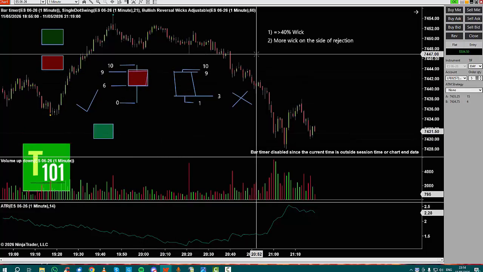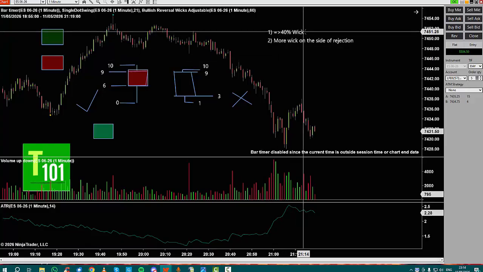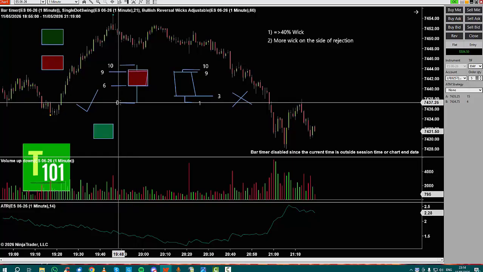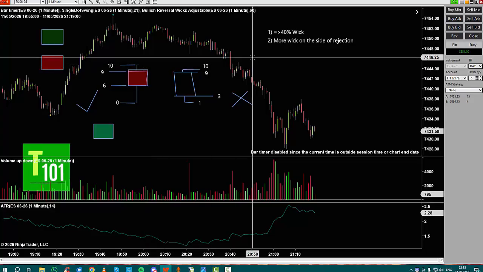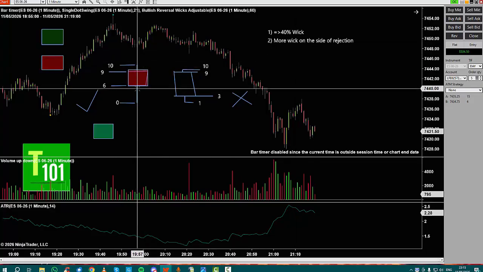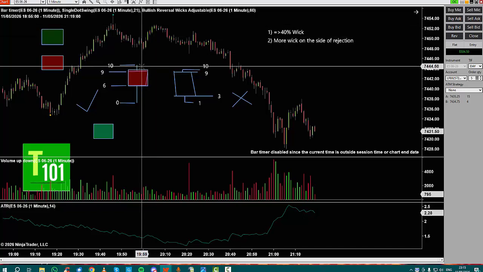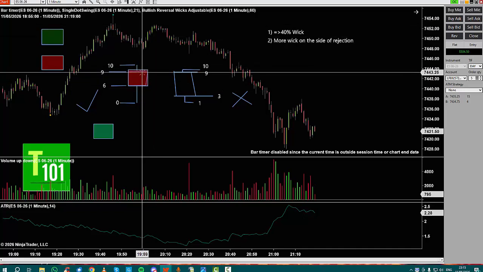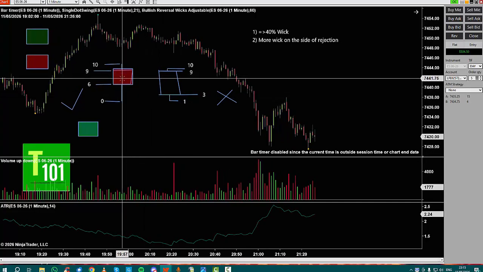It just matters that number one, there's at least 40% or more wicks within the whole candle's formation from high to low or low to high, and number two, that more wick is on the side where you want the rejection, so the opposite direction to the proposed trade. Completely ignore the color of the candle body.